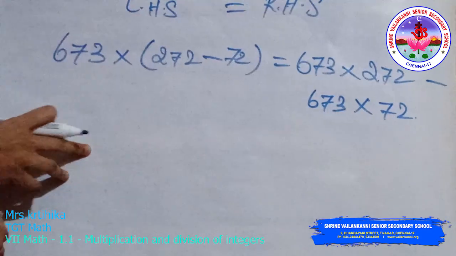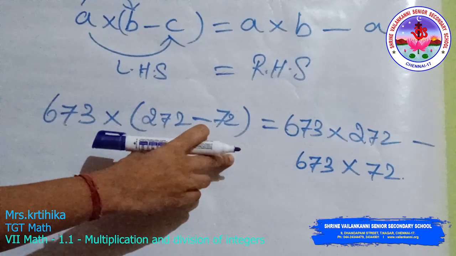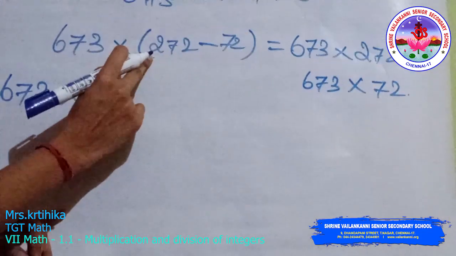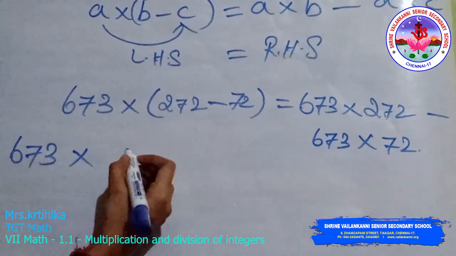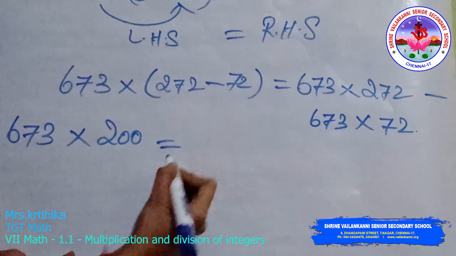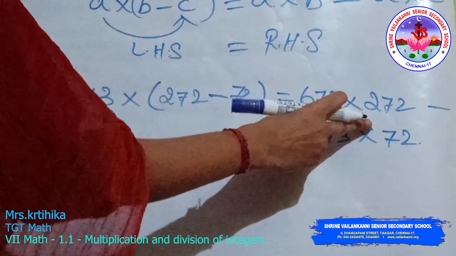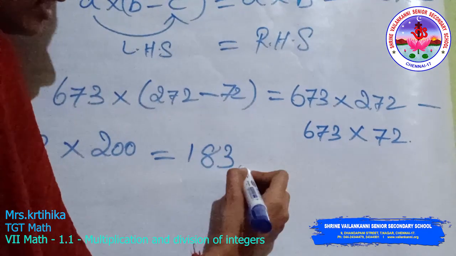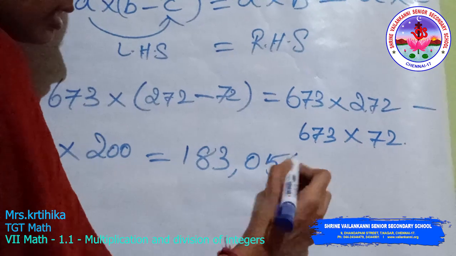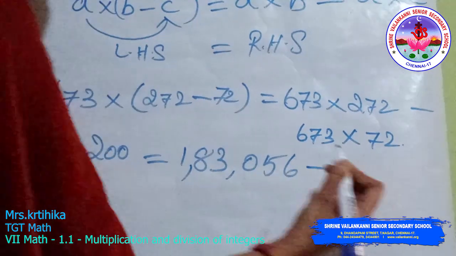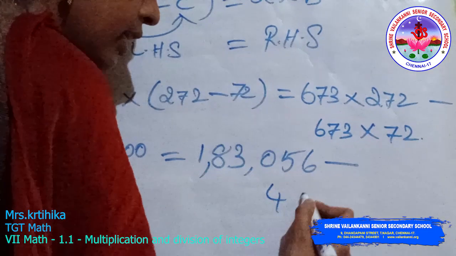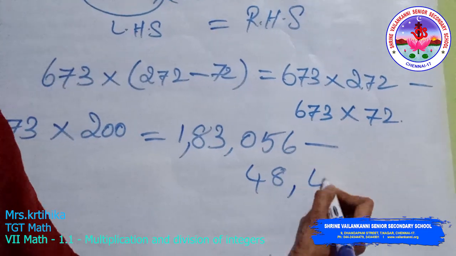First simplify. First you remove the brackets so you can perform the bracket values first. 673 into (272 minus 72). Answer is 200. So 673 into 200 is 1,34,600. Alternatively, 673 into 272 is 1,83,056 minus 673 into 72, the answer is 48,456.